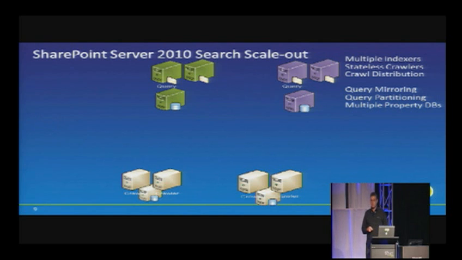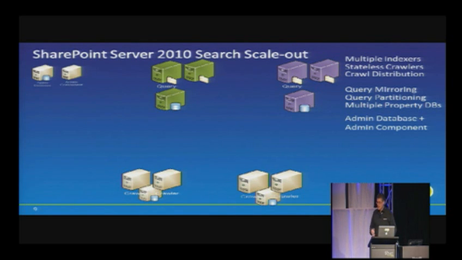And we can also have multiple property databases. So the key thing when we do a search is we're doing a full text search from the query server, and we're also checking the property database, which has all the metadata, all the rankings, stuff like that stored in it. So we can also have multiple ones of those completely separated from what the crawler's doing. We also still have an admin database and the admin component itself.